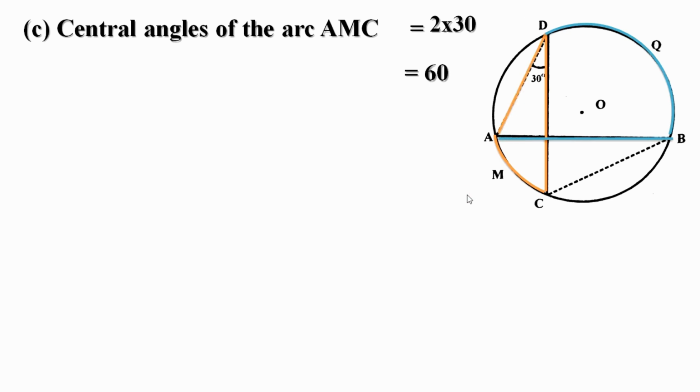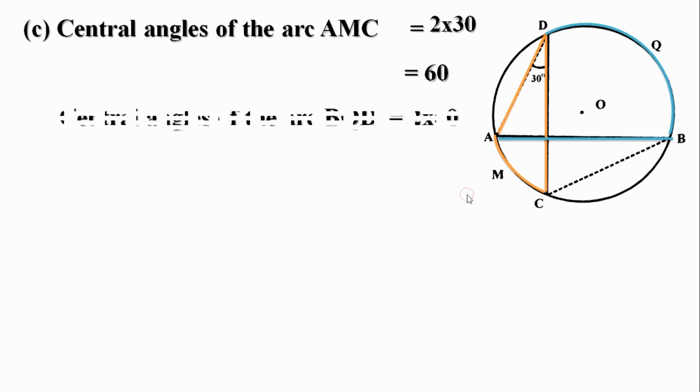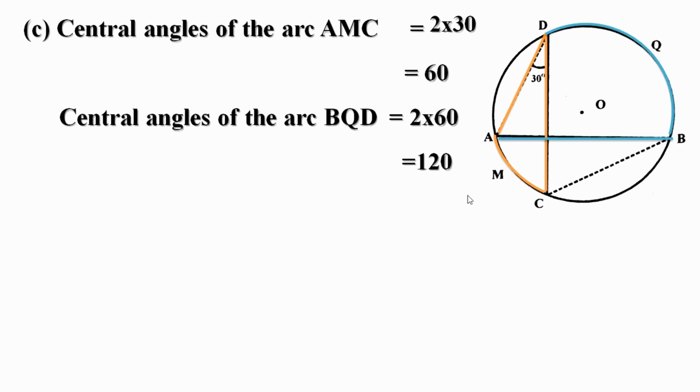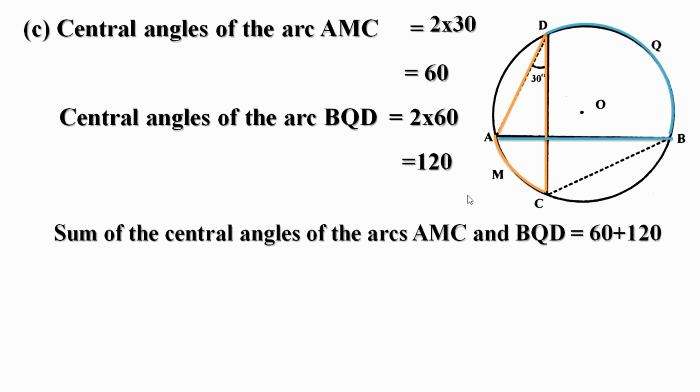Now let us look at arc BQD. The angle made by this arc is angle A, and we got it as 60. So the central angle of arc BQD equal to 2 into 60 or 120 degree. Now sum of the central angles of arc AMC and BQD equal to 60 plus 120, that's equal to 180 degree.